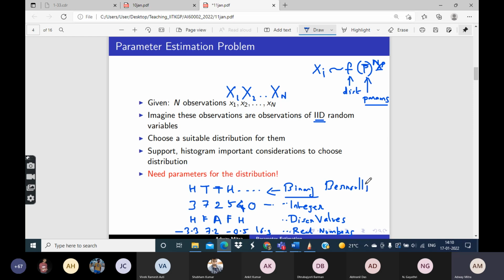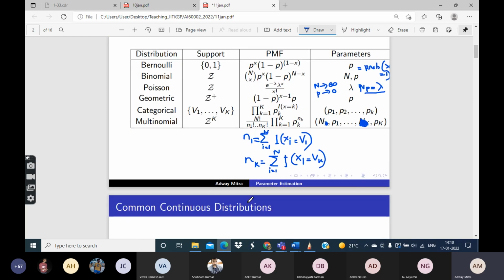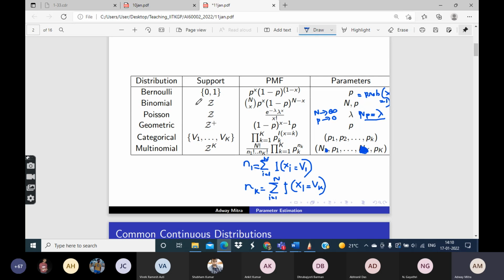But if it is the second case, where the observations are integer valued, then we may want to go for some distribution whose support set is the integers, maybe binomial, maybe Poisson, or something else.